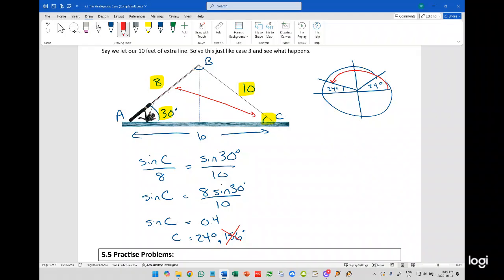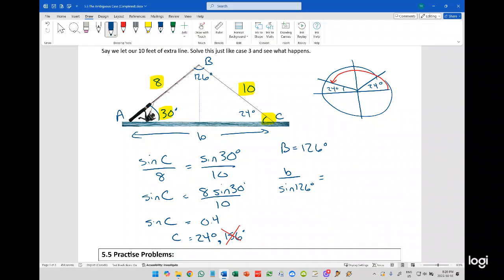So then we don't have to solve 2 triangles. We've already solved for 2 of the 3 angles. We can solve for angle B. B is just 180 minus 30 minus 24. So B is 126 degrees. And we already said that the only possible answer for C is 24. And then finally, to solve for length b, b over sine 126.